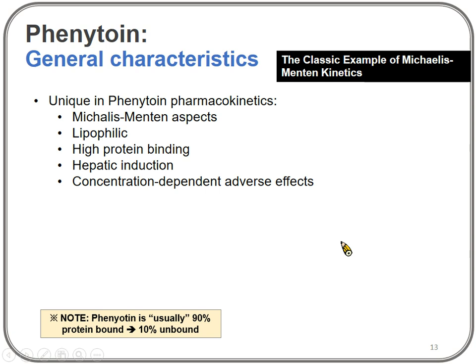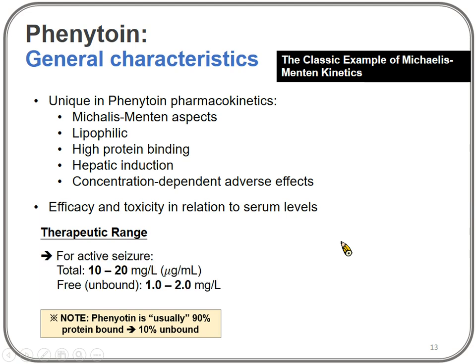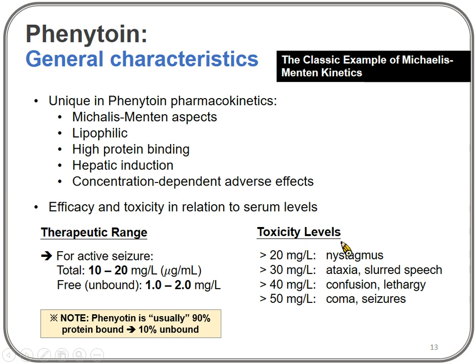And also as for the adverse effects, as we know, this is a very narrow therapeutic window medication, it is concentration dependent. So we need to know both important ranges, the therapeutic range and also the toxicity levels. For the therapeutic range to control the active seizures by using phenytoin, we are expecting to target a total concentration between 10 to 20 microgram per milliliter.